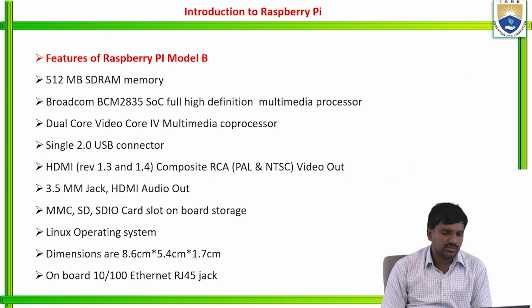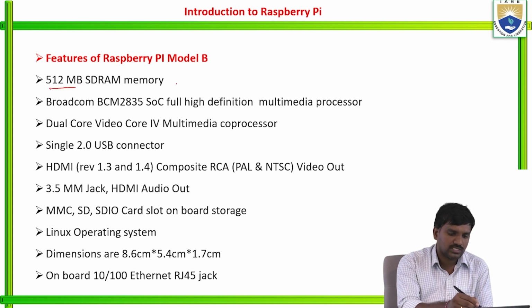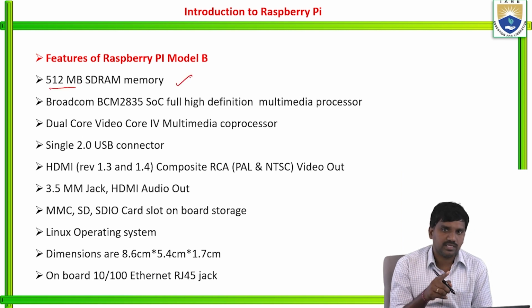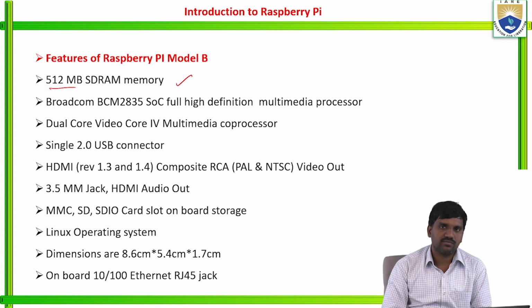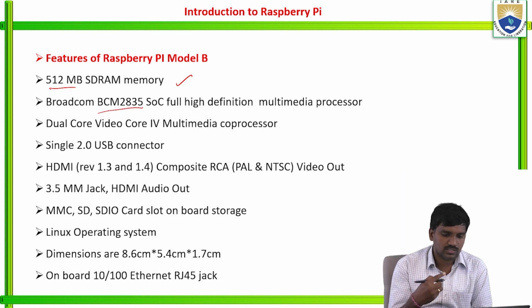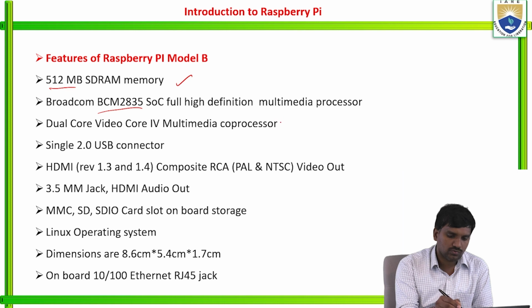Coming to the features of the Raspberry Pi model, it is the same 512 MB SDRAM, but there is also 1 GB of SDRAM memory, Broadcom BCM2835 system on chip, high definition multimedia processor, and dual core multimedia co-processor, that is the same.